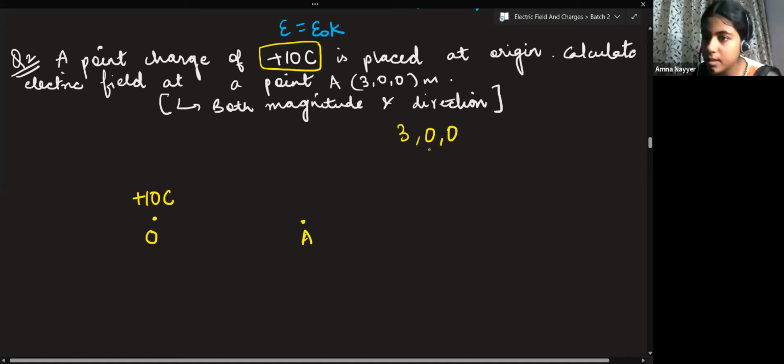Whenever this is given in this form, the first one means x-axis, the second one means y-axis, and the third one means z-axis. This is how it is written.